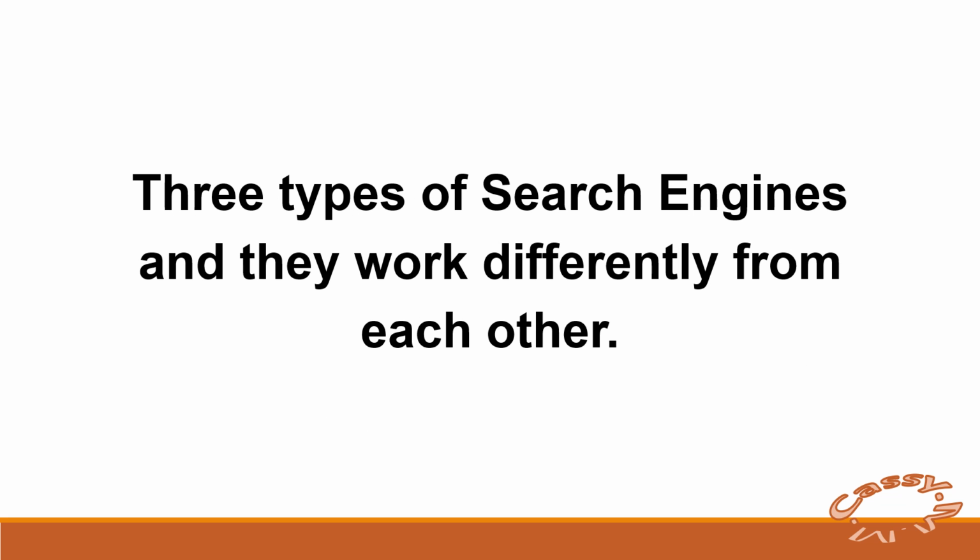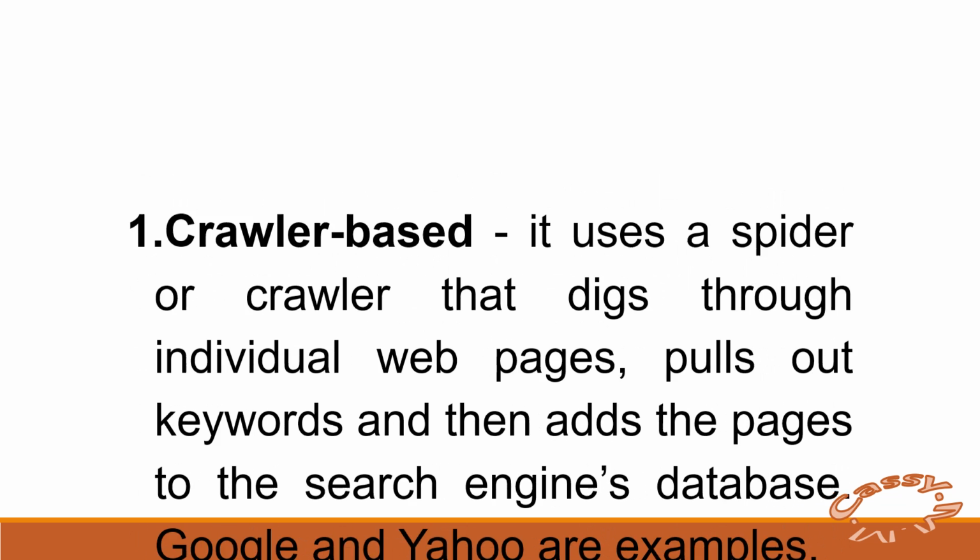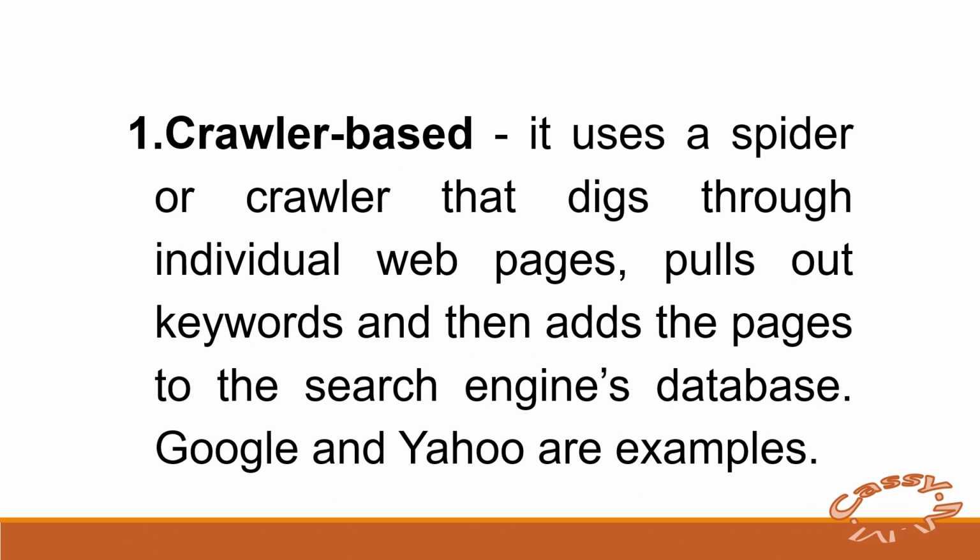Here are the 3 types of search engines and they work differently from each other. 1. Crawler-based. It uses a spider or crawler that digs through individual web pages, pulls out keywords and then adds the pages to the search engine's database.